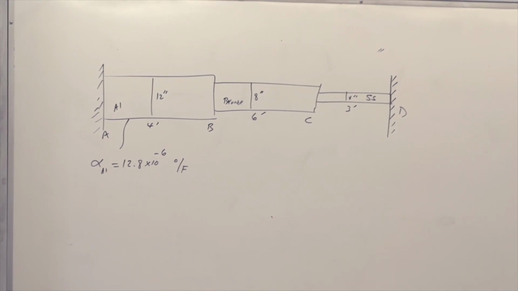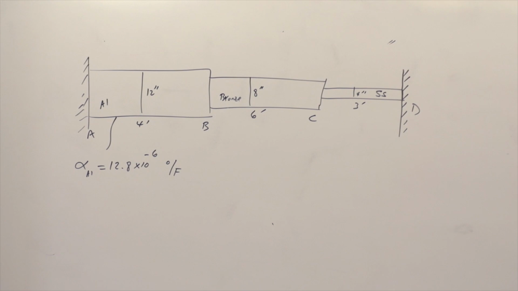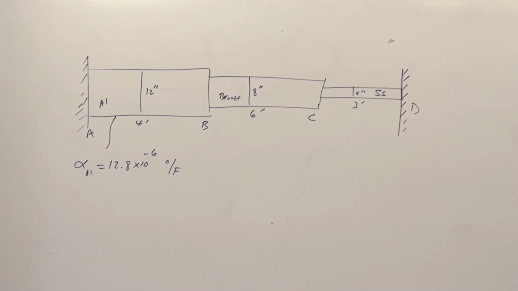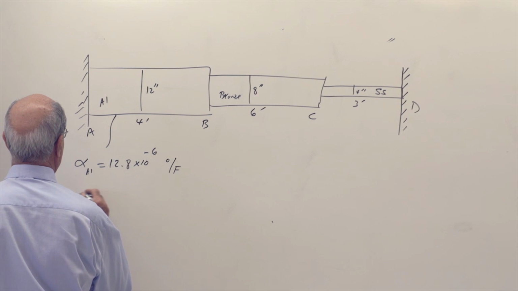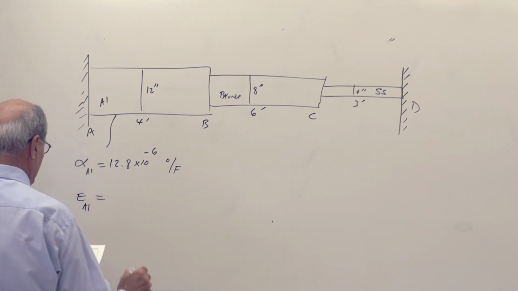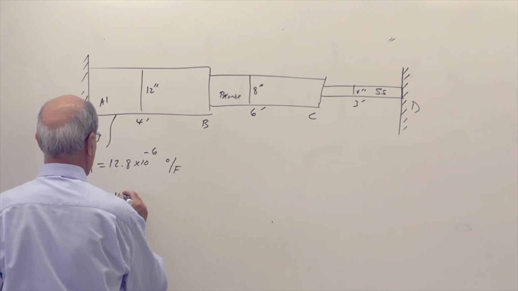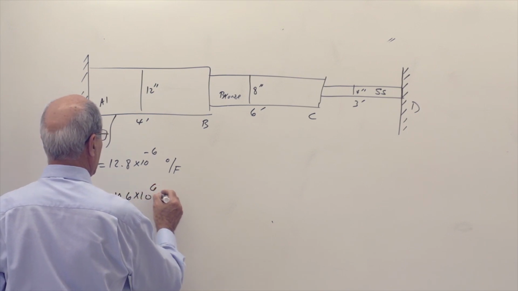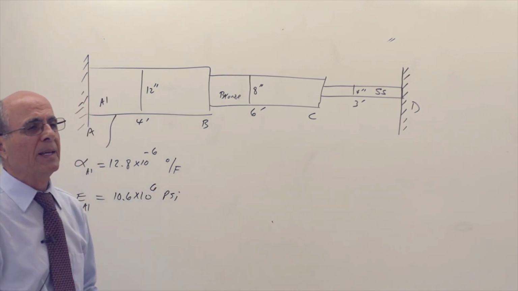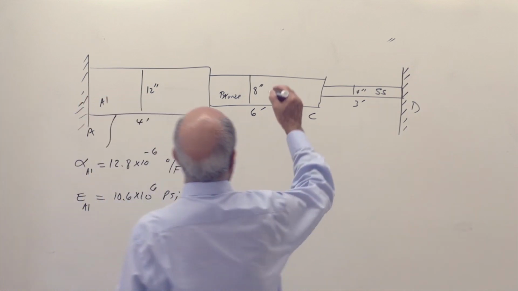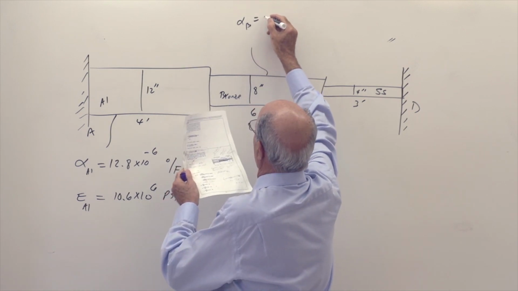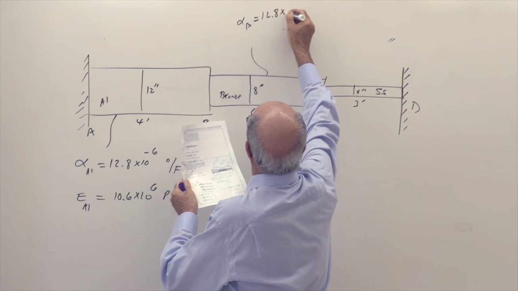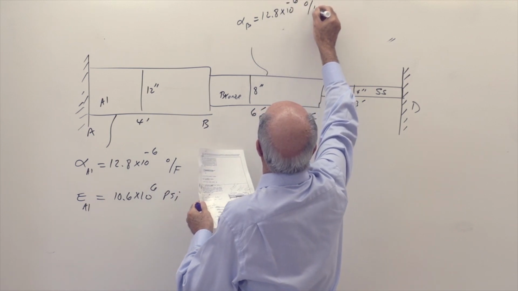So it means if I have 1 inch of this material, for 1 degree change, that's the change in that. Is that correct or not? Yeah. Although we need the E, although it is not apparent here, for the second part, step 2, we need the E. So E of aluminum is given equal to 10.6 times 10 to the power of 6 psi, which is the modulus of elasticity. Similarly, I have to give you for the bronze. So alpha of the bronze is equal to 12.8 times 10 to the power of minus 6 per degree Fahrenheit.